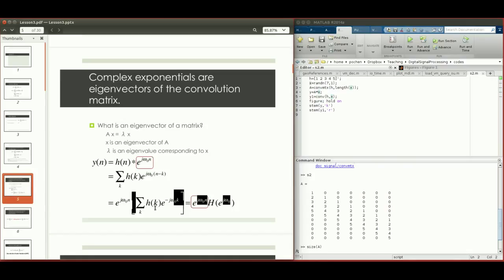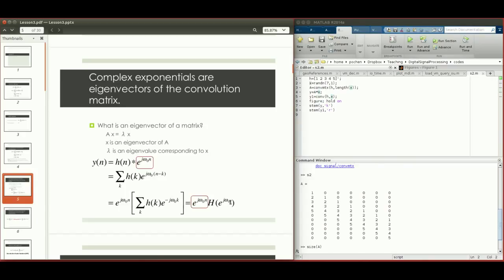After this summation is done, there's no dependence on k anymore. So the whole thing inside of the square bracket is going to give you a number, a scalar. We can denote this particular scalar using the symbol H(e to the j omega 0). The result of this summation depends upon omega 0, the value of omega 0 that you have picked.